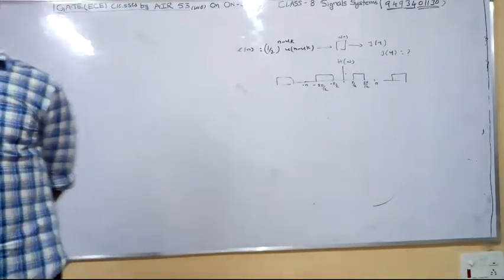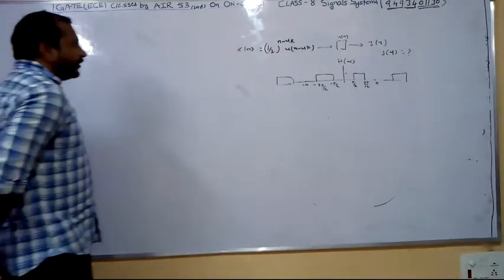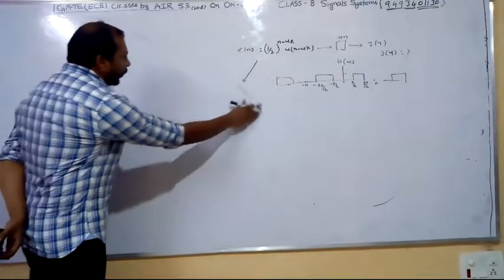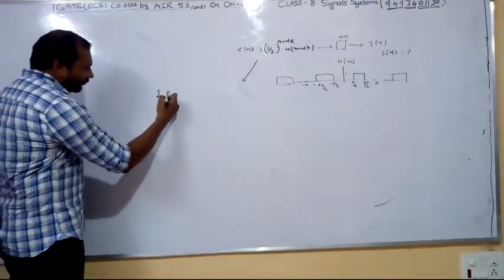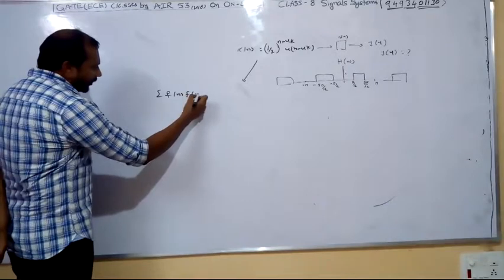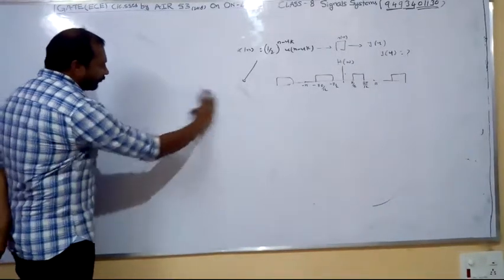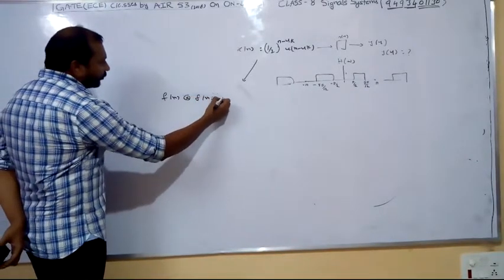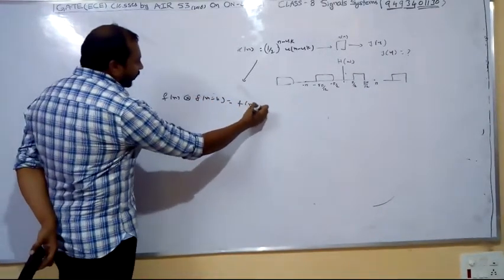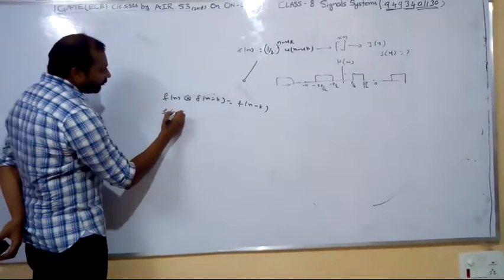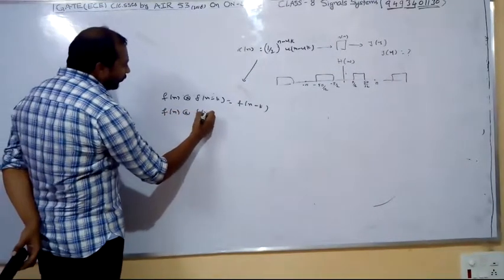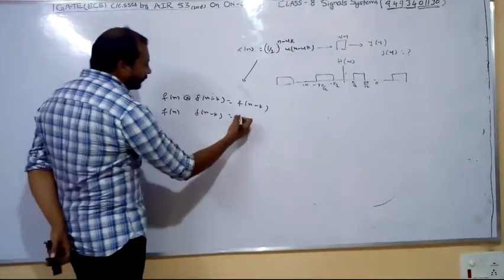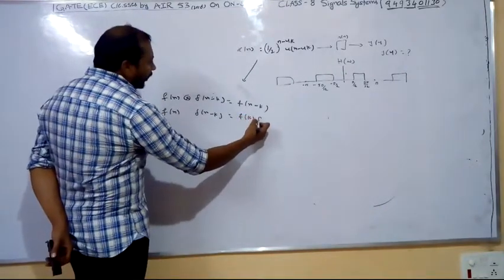Now listen, this signal can be represented in a modified form, which is also very important. What do you know? The convolution of this f of n with del of n minus k is simply f of n minus k. The multiplication of f of n with del of n minus k is simple multiplication: f of k into del of n minus k.